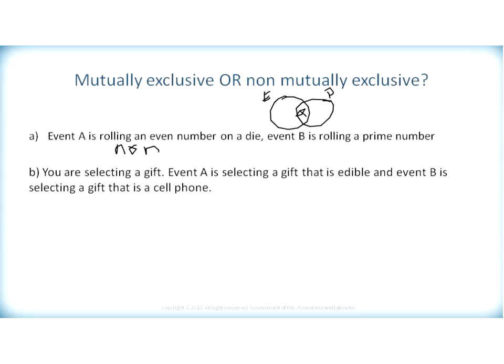Next, if you are selecting a gift, event A is selecting a gift that is edible. And event B is selecting a gift that is a cell phone. This would be mutually exclusive since you cannot get a cell phone that is edible.